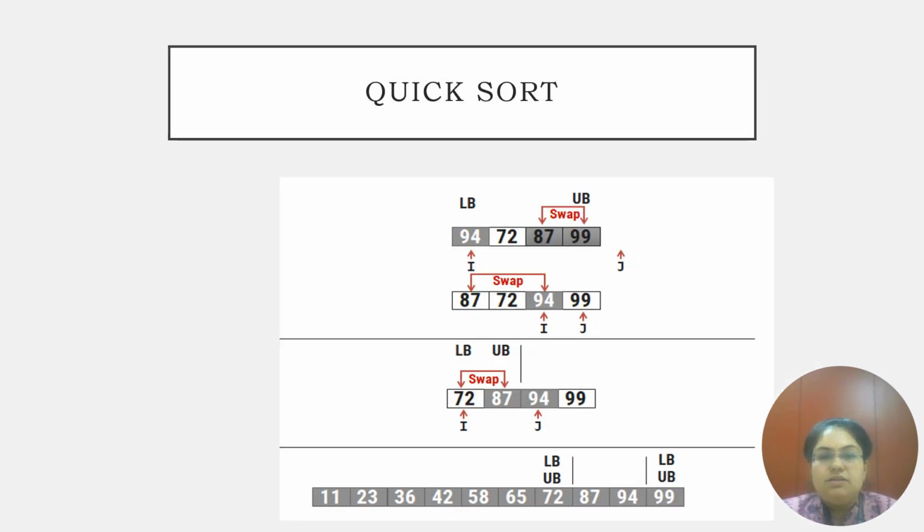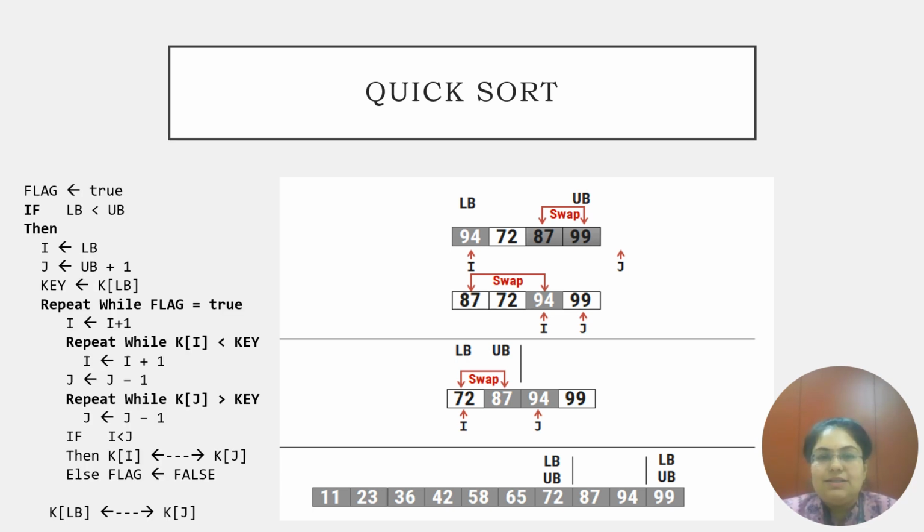Now as we are comparing the next portion, we can find that 87 was at the end of the array. As we are comparing this content with the previous one, 99 is greater than 87. So we can swap these two values. So now 87 is located at the second last index and 99 is located at the last index.